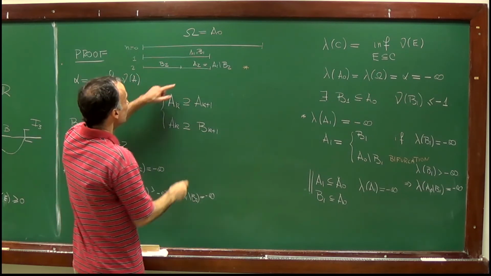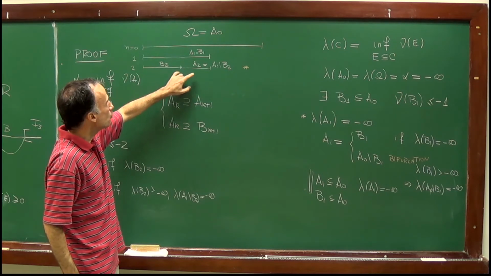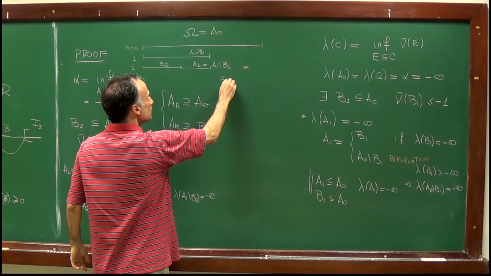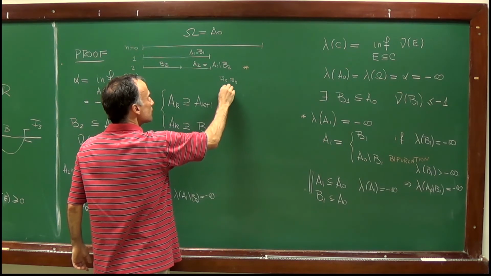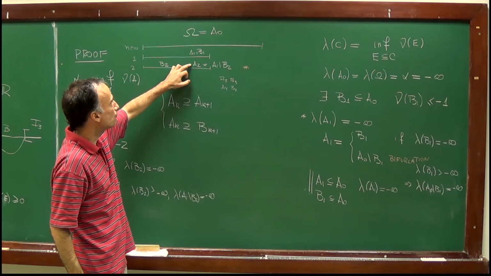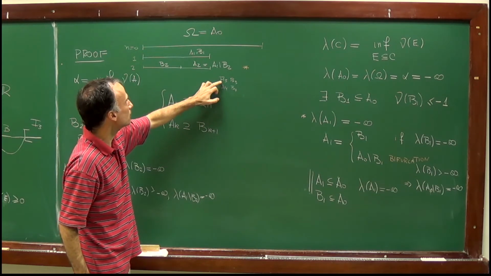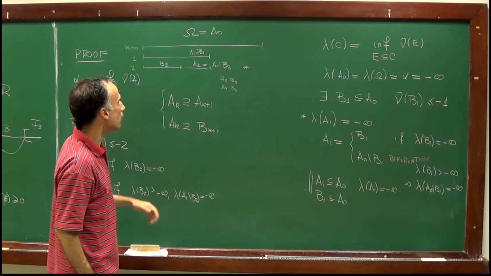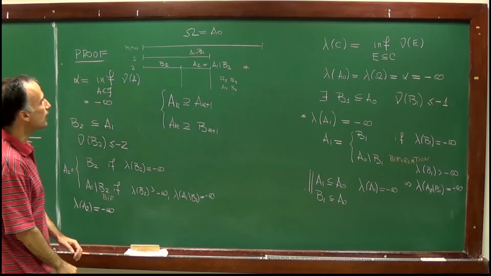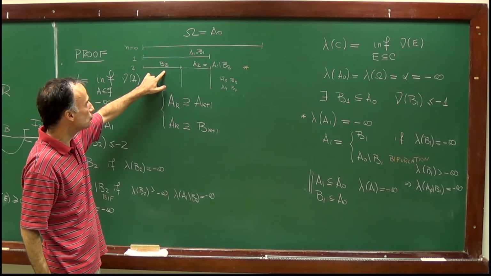So this means that all the next sets a and b will be contained in a2. So the set a3 and the set b3, the set a4 and the set b4, they will all be contained in the set a2. Because b3 is contained in a2, b4 is contained in a3, but a3 is contained in a2, and so on. So all the next sets will be contained in a2, and therefore they will be disjoint from b2.